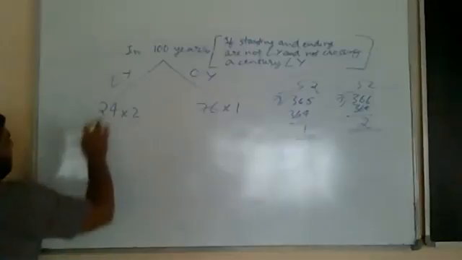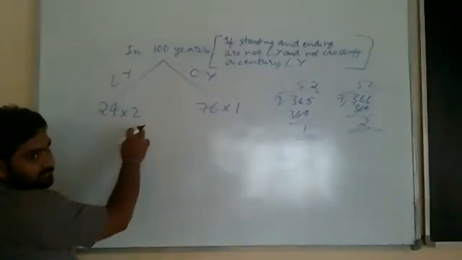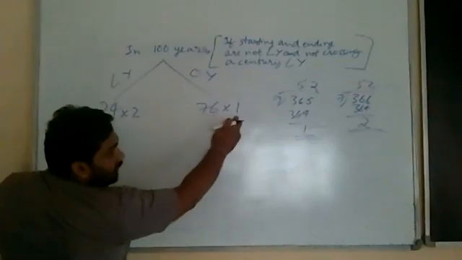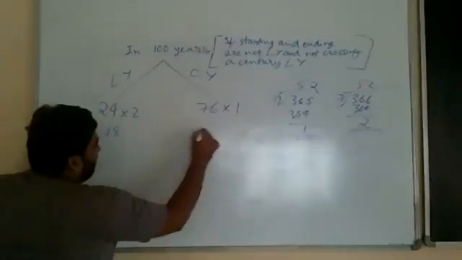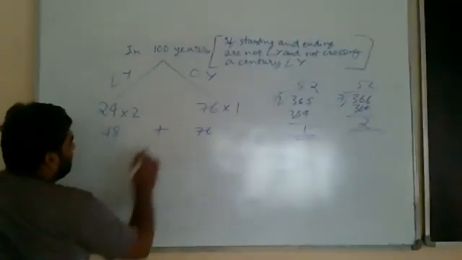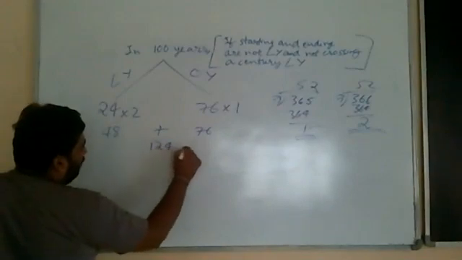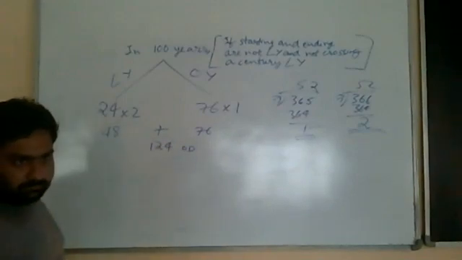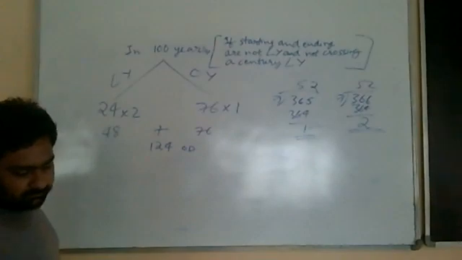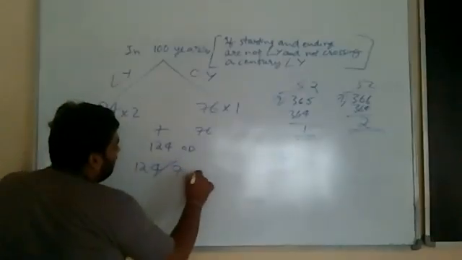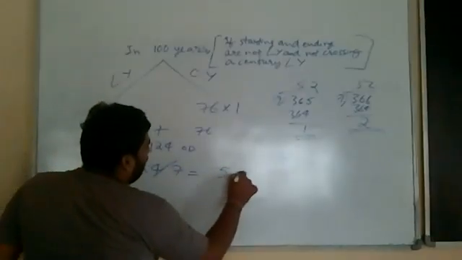So 24 leap years will give a contribution of 2 odd days each. 76 ordinary years will give a contribution of 1 odd day each. Totally 48 days contribution and 76 days contribution. Totally how much? 124 odd days contribution. Yes or no? But 124 divided by 7 will give me 5 odd days.